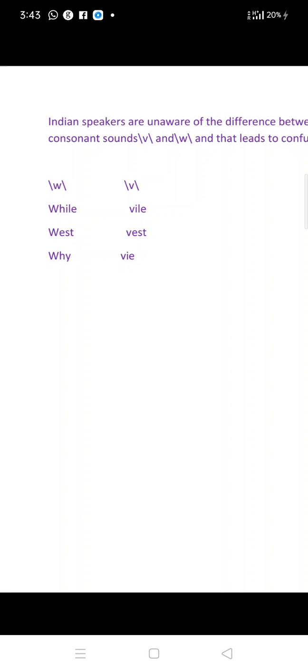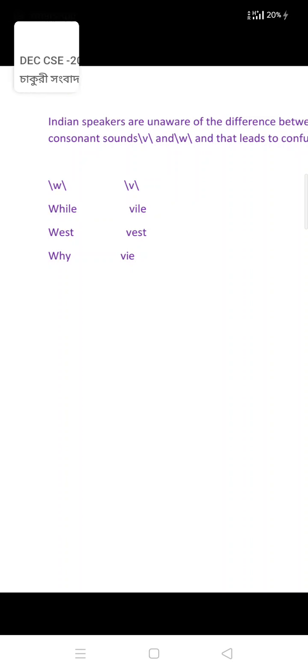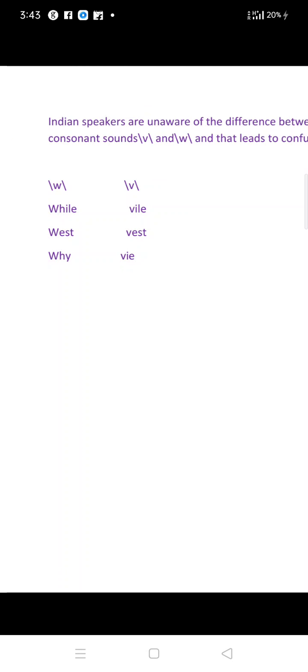So we have to use correct sounds, which will lead to correct pronunciation. At first, we have to identify which sound we should use. Then definitely you will be able to pronounce correctly.